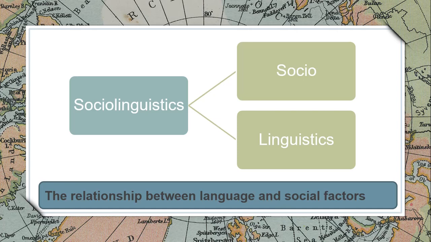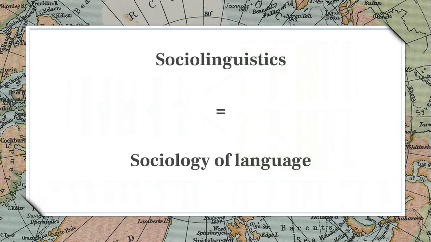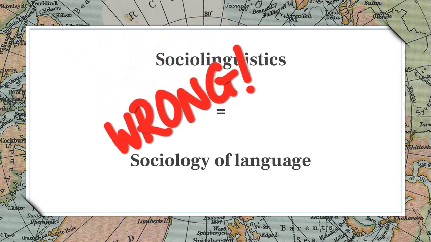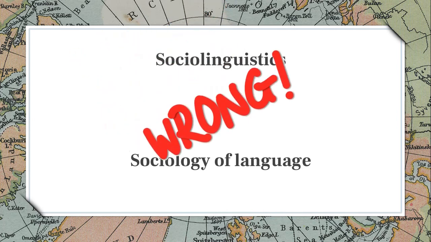Okay, now the word sociolinguistics can sometimes be mistaken to be the same as another subject, which is the sociology of language. But are they really the same? Well, no, they're not the same. In some cases, they're similar, but in most, they're very different.